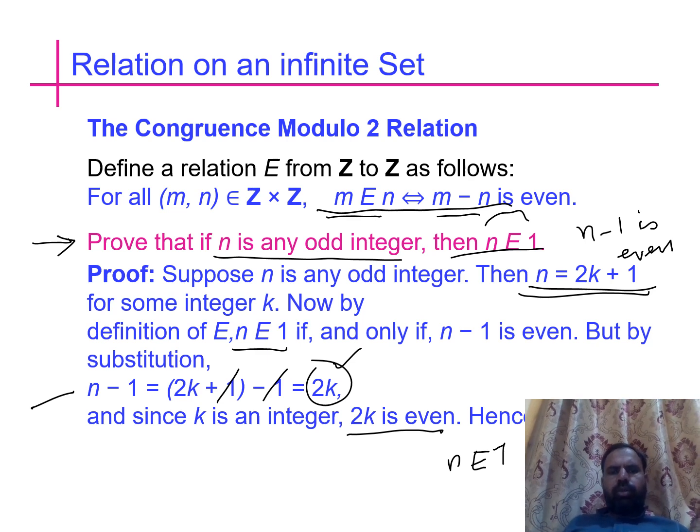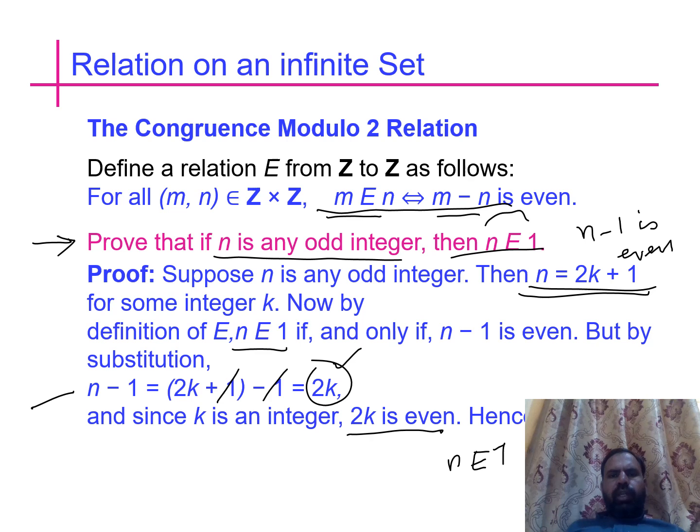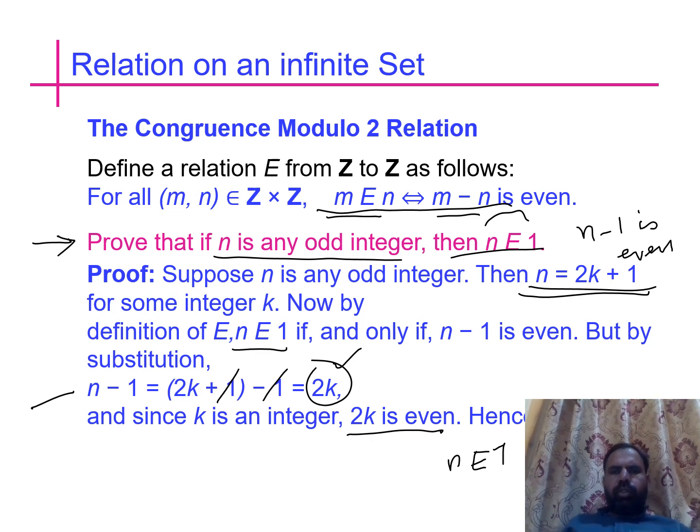The congruence modulo 2 relation: we define a relation from Z to Z as follows. For all (m, n) belonging to Z cross Z, m is related to n if and only if m minus n is even.